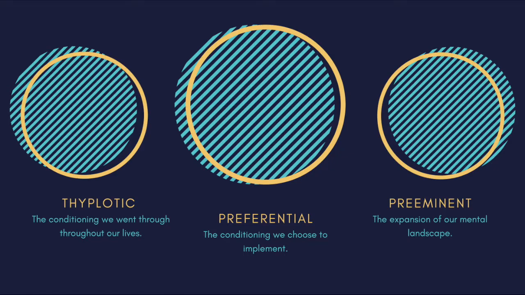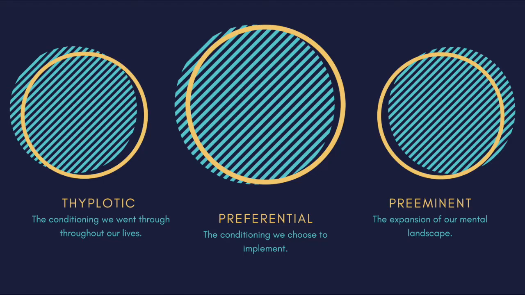And here's what's interesting. The effect of the pyramid is interchangeable. When you work on the preeminent level, it can affect your preferential and your typlotic level. When you improve your preeminent level, the conditioning you choose to implement will be different. When you hear something or you learn something, you will not disregard it based on subjective analysis or based on irrational thinking.